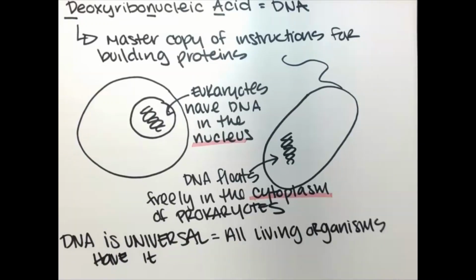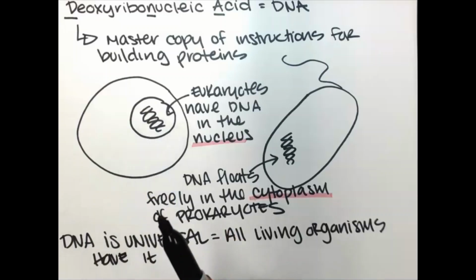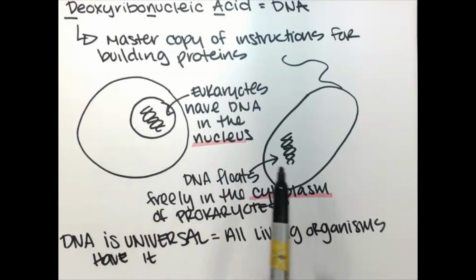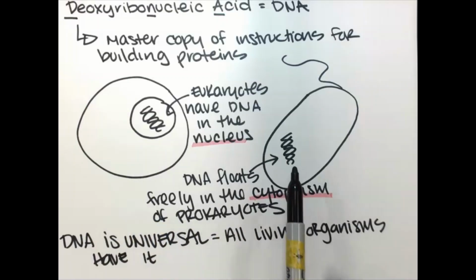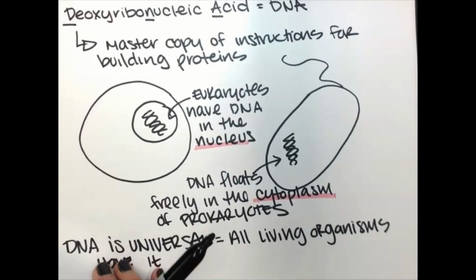So what does that mean in like big picture? I can actually take a gene from, say, a human, so like the gene for insulin, which is a super important protein in regulating blood sugar, and I can put it into a bacteria, and that bacteria will not only be able to incorporate that DNA, but it would be able to read it and make the protein. So they use the same language, which is actually pretty cool if you think about it.